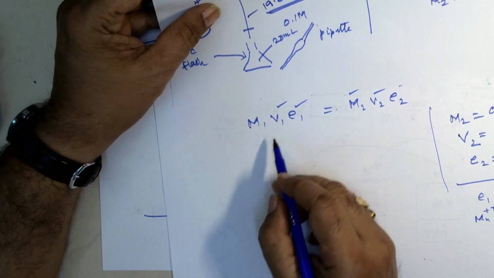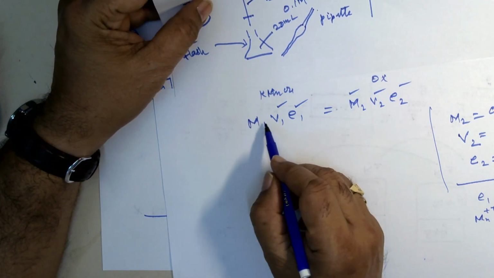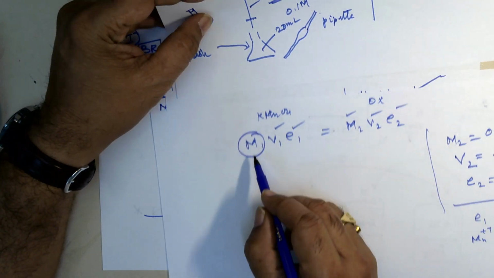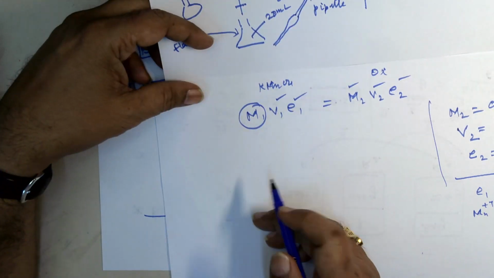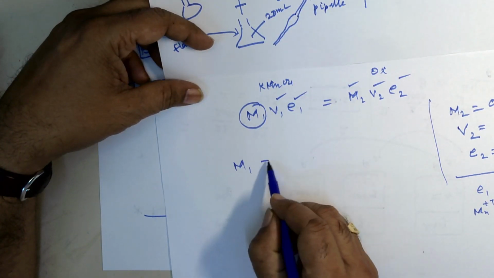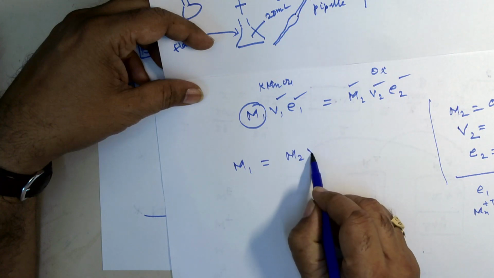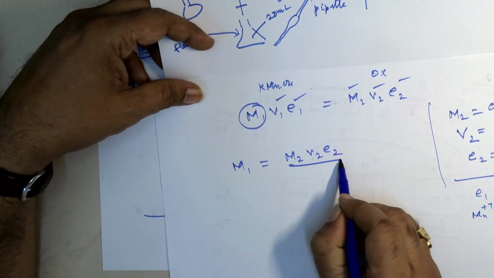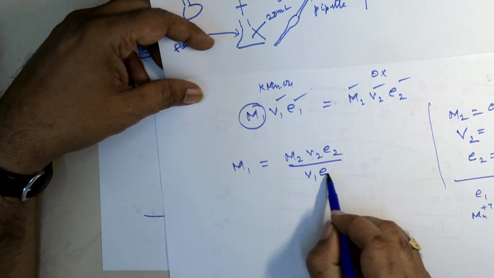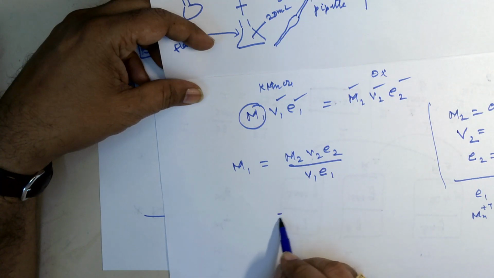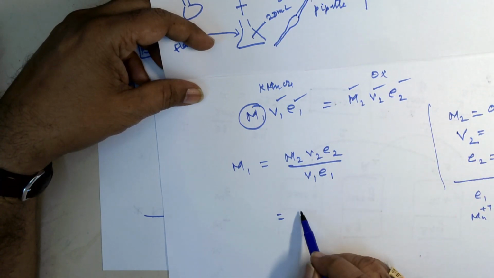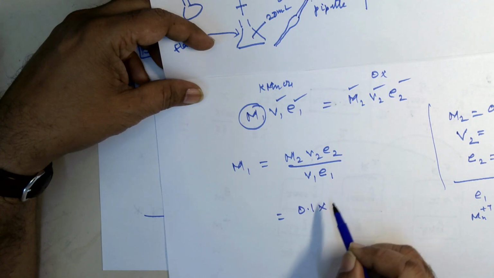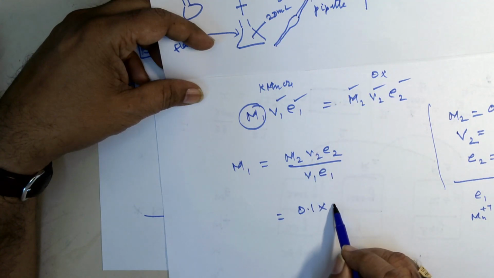By knowing this, you are able to find M1, the molarity of the unknown concentration. So M1 is equal to M2 V2 E2 divided by V1 E1. What is the molarity of the oxalic acid? 0.1. And this is 20 ml.